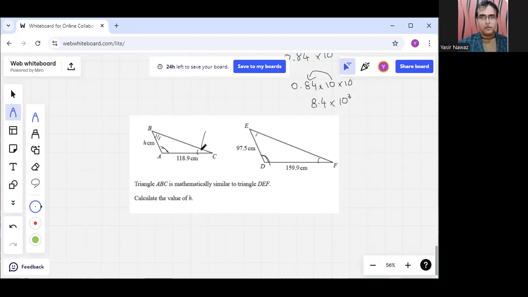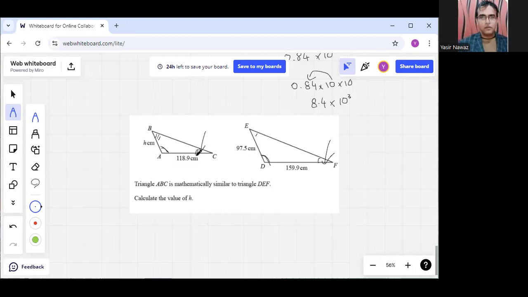Because of the shape, this angle is congruent to this angle. The sizes are different, but their angles are congruent. That's why they are similar triangles, because all three angles of one triangle are congruent to all three angles of the other triangle. In similar triangles, the ratio of corresponding sides is the same.